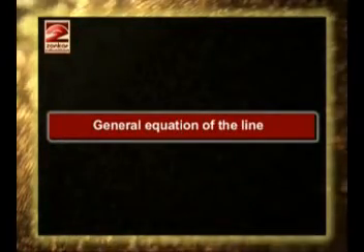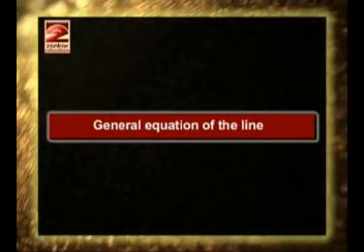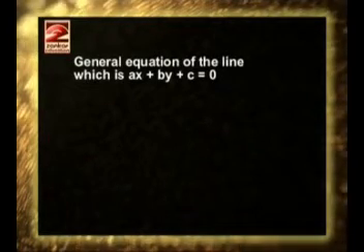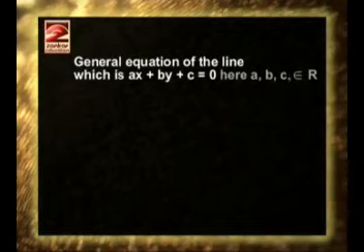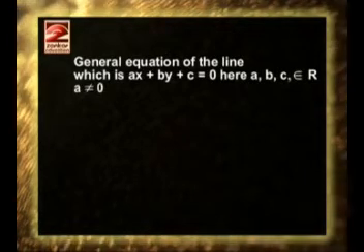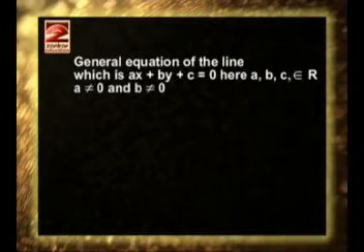Now after this we'll see the general equation of the line, which is ax plus by plus c is equal to 0. Here a, b, c belong to R and a is not equal to 0 and b is not equal to 0.